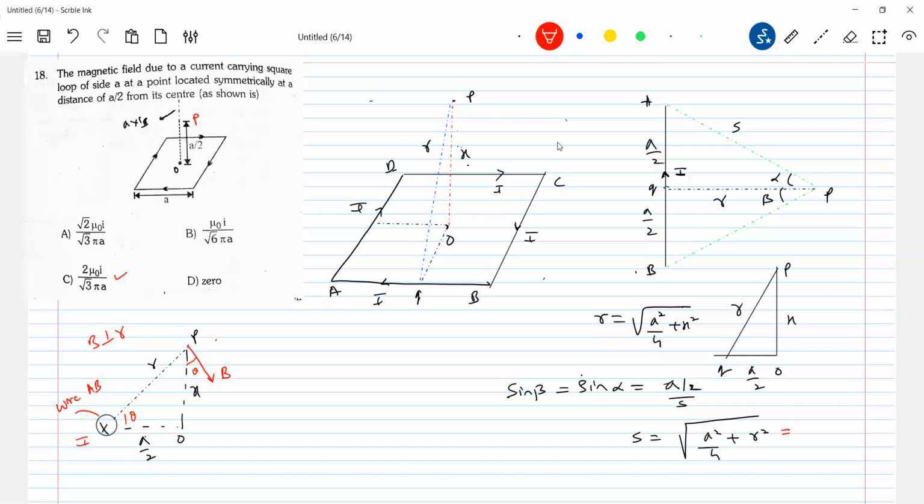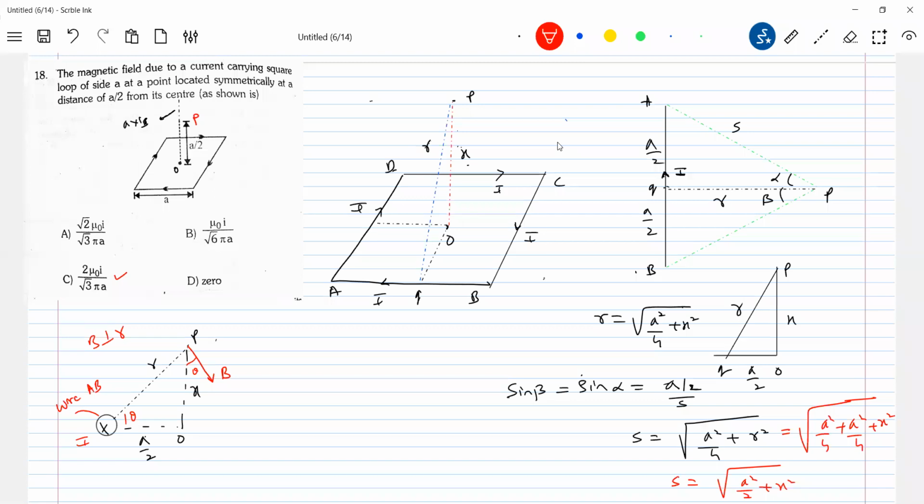Okay, let me go for the calculation one by one. R square will be A square by 4 plus X square. So the value of S will be root of A square by 4 plus X square. Now, they gave X as A by 2. I'll substitute it at the end because all the A by 2s will get confused.